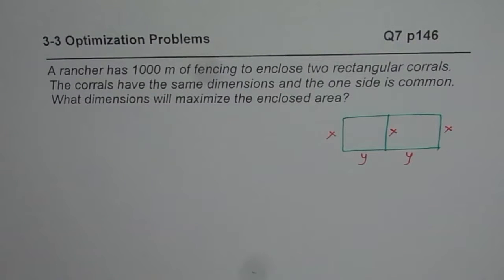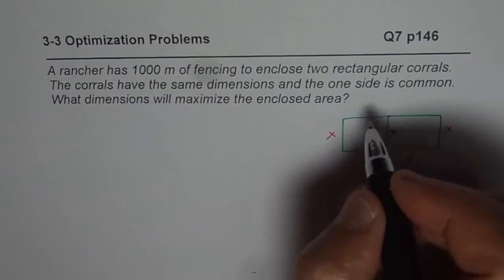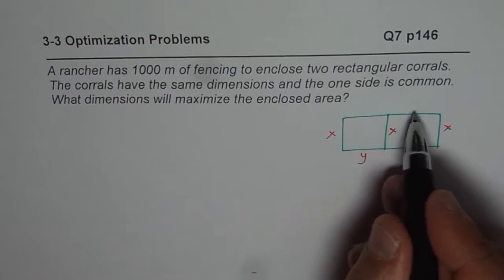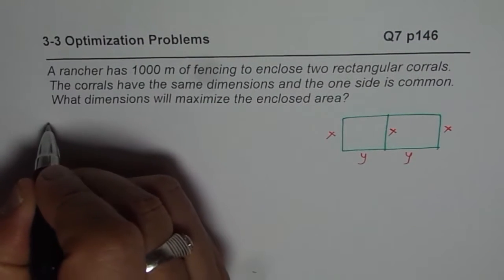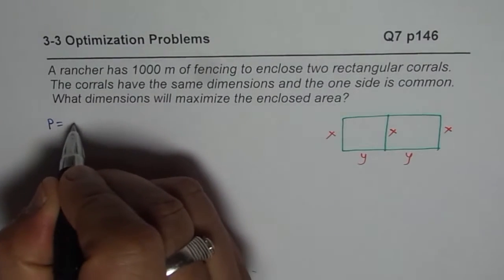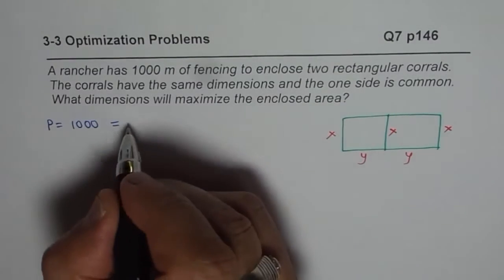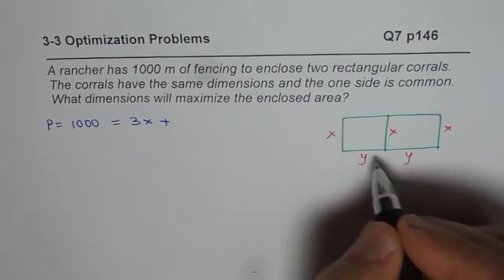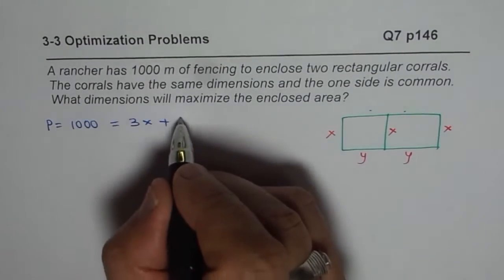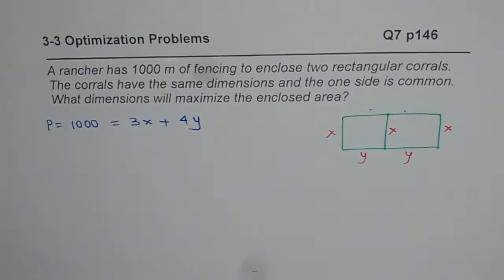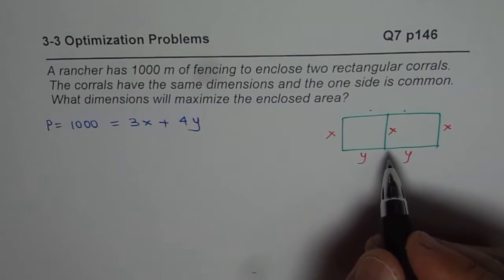That basically means the sum of all these sides, that means there is 2y, 3x, right? So we have perimeter, which equals 1000 meters, should be equal to 3x plus 4y. Do you see that? So 3x plus 4y is how we can relate all these sides, correct?